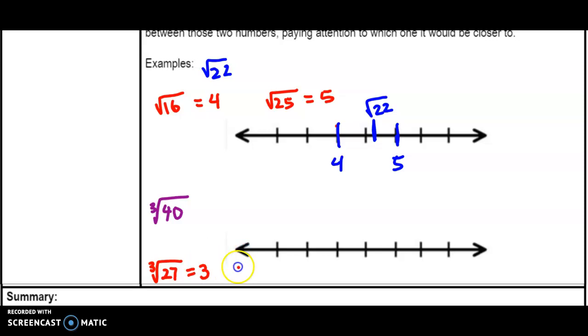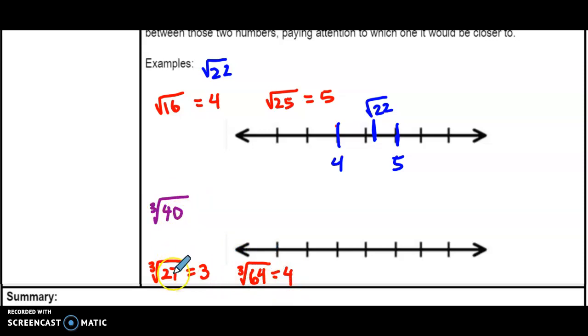And the cube root of 64: 4 times 4 times 4 is 64, so the cube root of 64 is 4. And 40 is between 27 and 64. So the cube root of 40 will be between the cube root of 27 and the cube root of 64, or between 3 and 4.